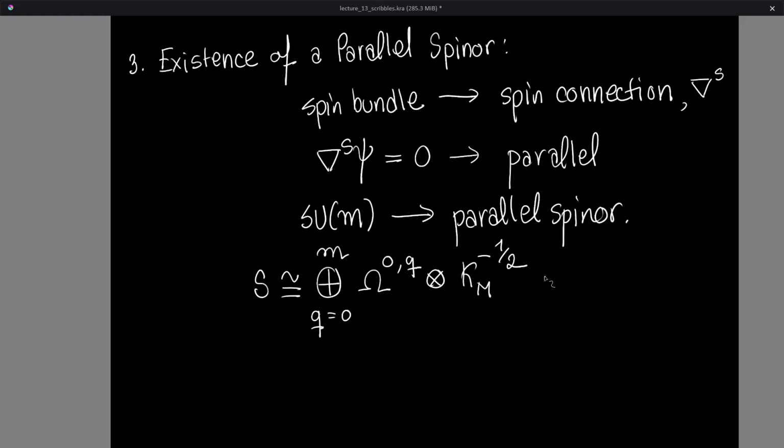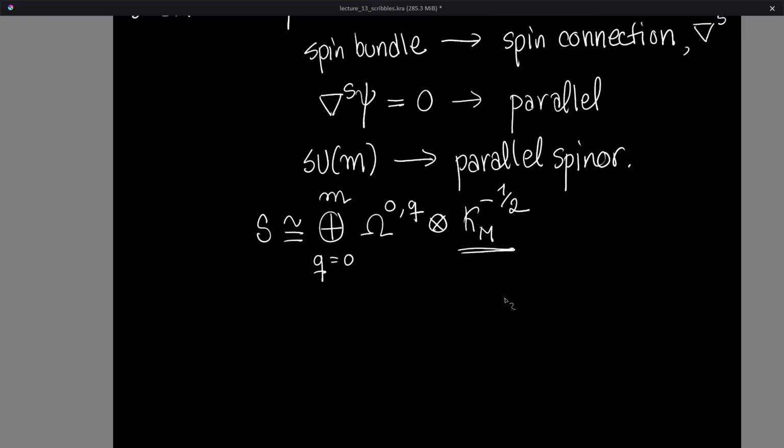What's K_M to the minus half? Well, previously I told you we were going to come back to the anti-canonical bundle. So this is an anti-canonical bundle, which is in some sense the dual bundle of the canonical bundle also. But this is defined by the fact that K_M to the minus half tensored with K_M to the minus half is isomorphic to K_M to the minus 1. So that's what this is.